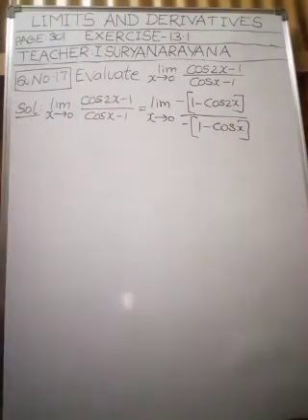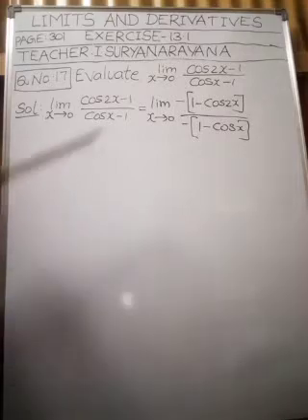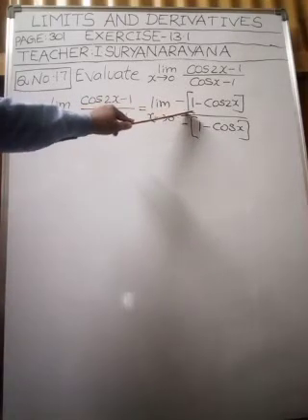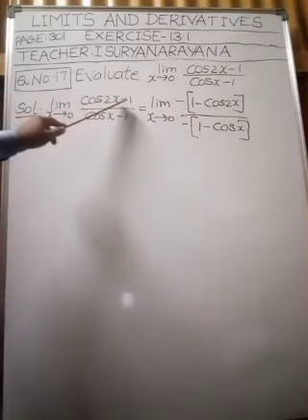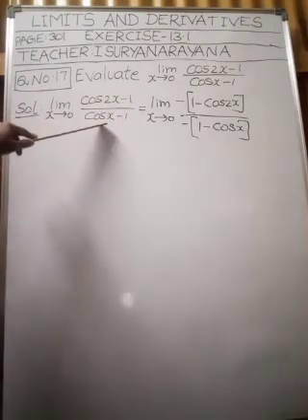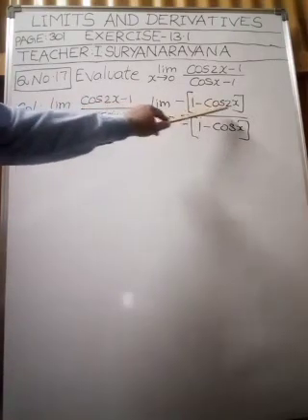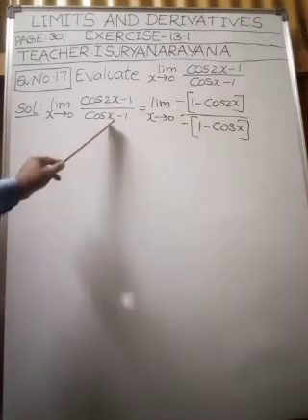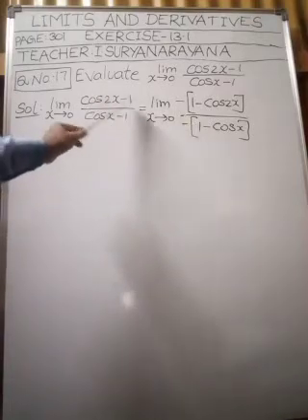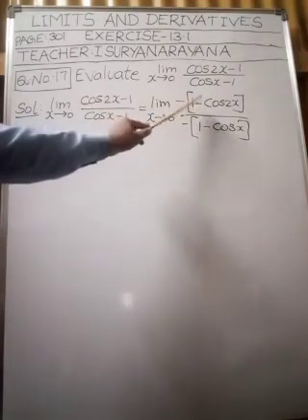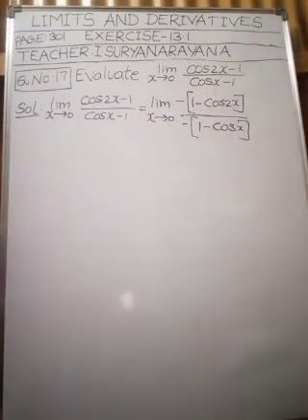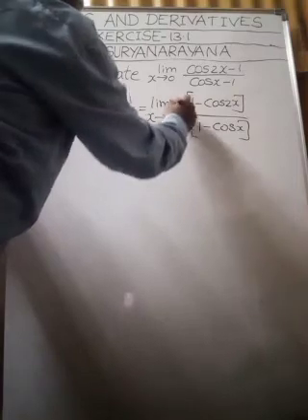Understood this step, my children? We have taken the common factor minus 1 from the numerator and the denominator. Then we get minus of 1 minus cos 2x by minus of 1 minus cos x. We just write in the reverse order: the first term is written as the second term and the second term as the first. Okay, my children? Right. Here minus minus gets cancelled.